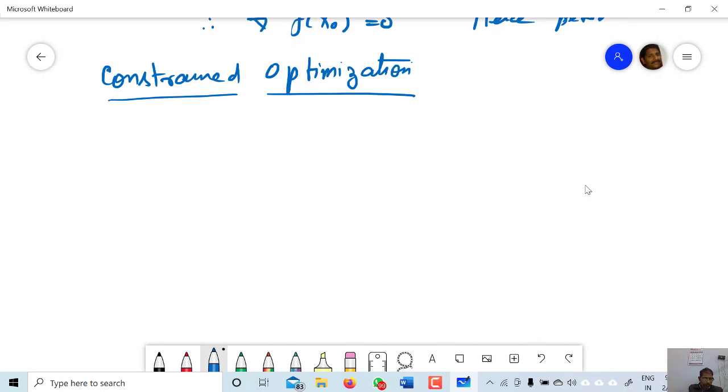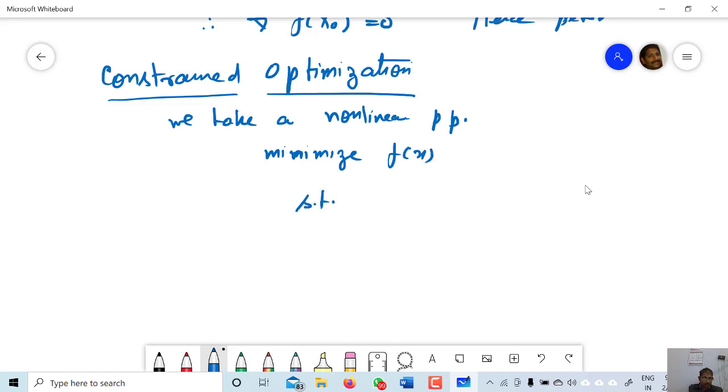So we take a nonlinear programming problem such that we want to minimize the function f(x) such that there is another function g_i(x) less than or equal to 0 for all i from 1 to some point m.